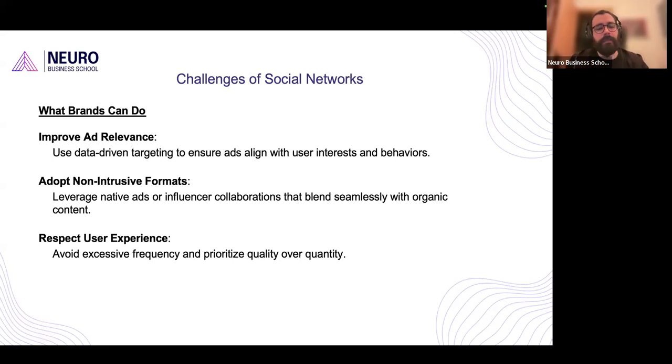Respect user experience, avoid excessive frequency, and prioritize quality over quantity. If you are trying to buy slots of time on television, on websites, or on social networks, do it wisely.